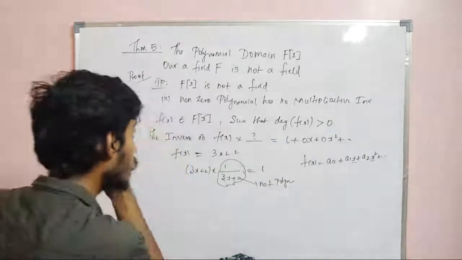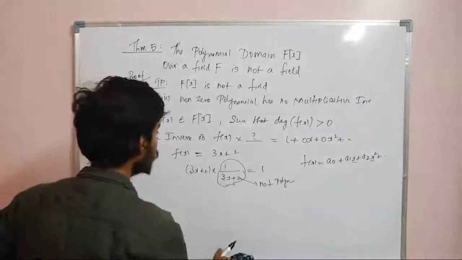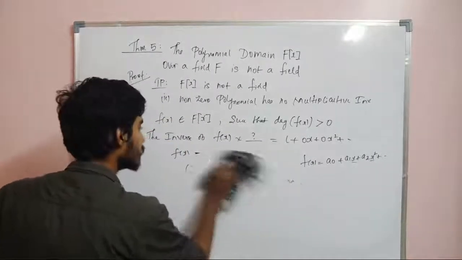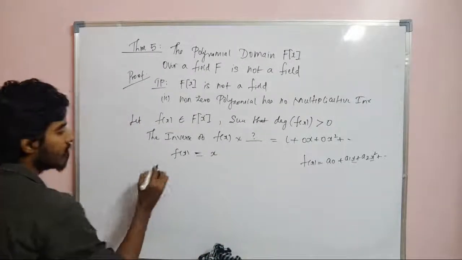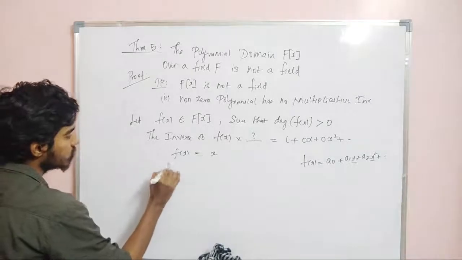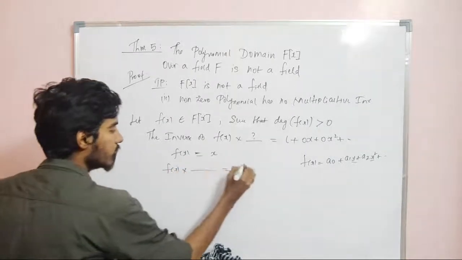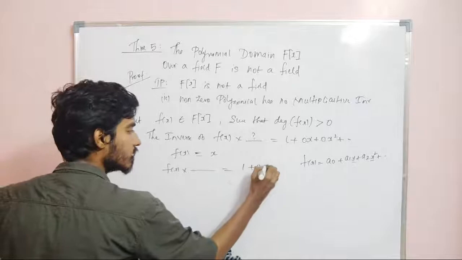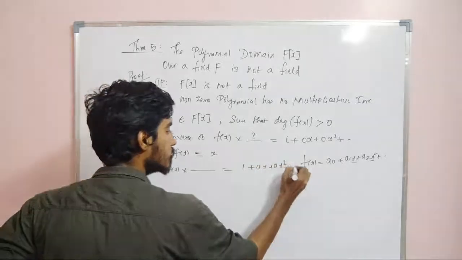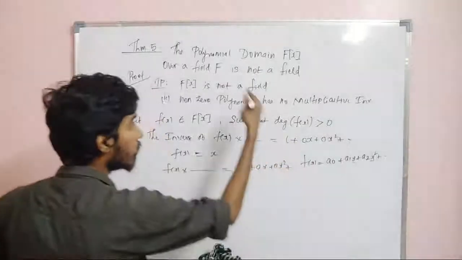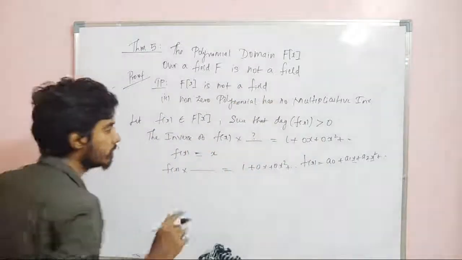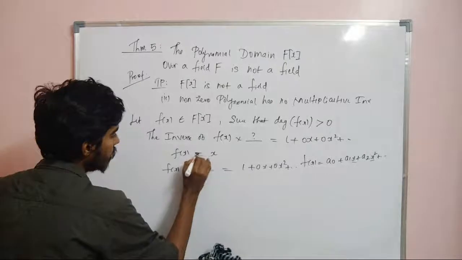So you just have to give a counterexample. For that, let us take f(x) equal to x, just for simplicity. Now what about the inverse of f(x)? f(x) times something has to give me 1, that is 1 plus 0x plus 0x squared, because the unit element of the multiplicative identity for F[x] is 1 plus 0x.